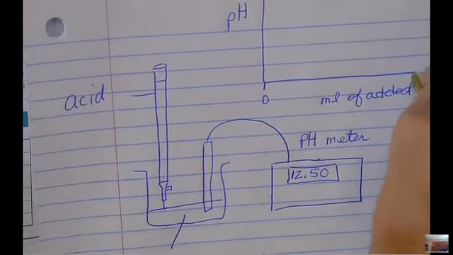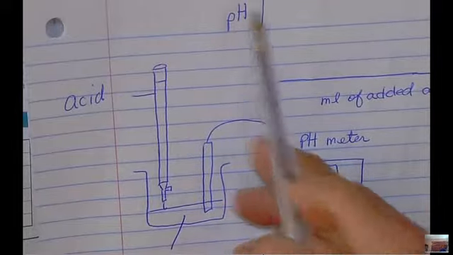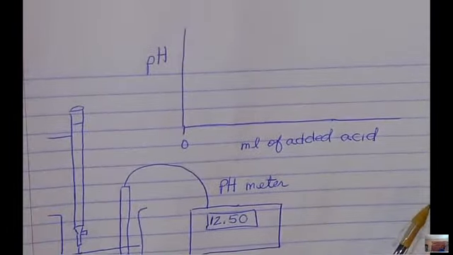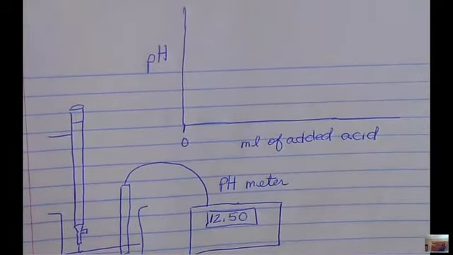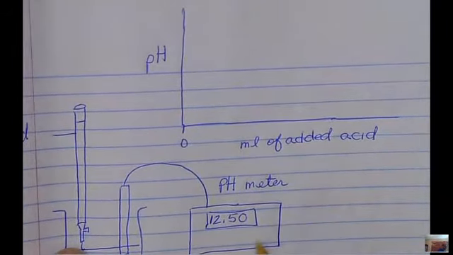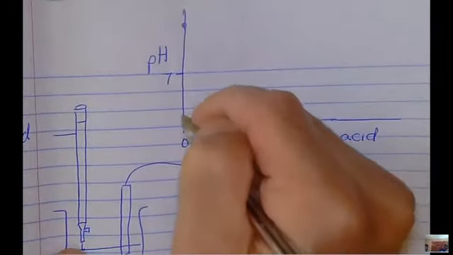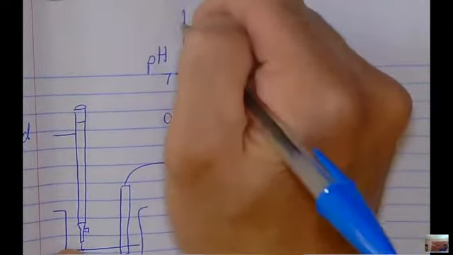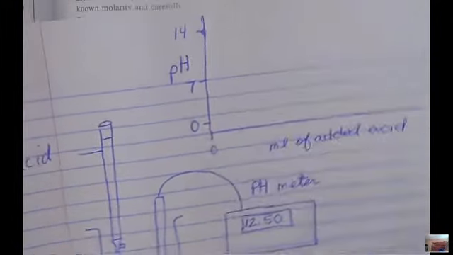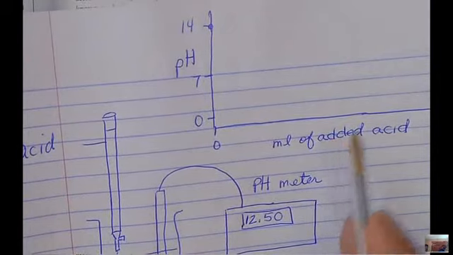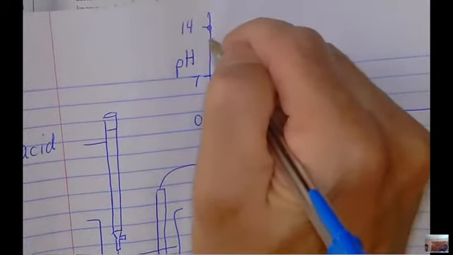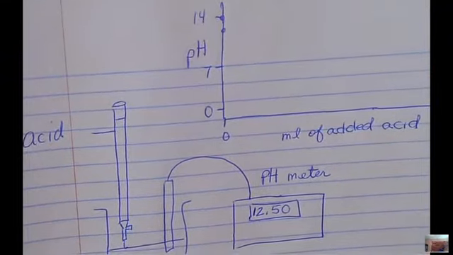Okay, you can also do this reverse. How does the pH change versus the milliliters of base that's added? So ours is starting up here. Before I add any milliliters of acid, it's going to be at 12.5, which is a huge number. Here's 7, here's 0 down here, here's 14. So there's our pH scale, right? So when I haven't added any milliliters of acid yet, I'm starting at 12.5, way up here.